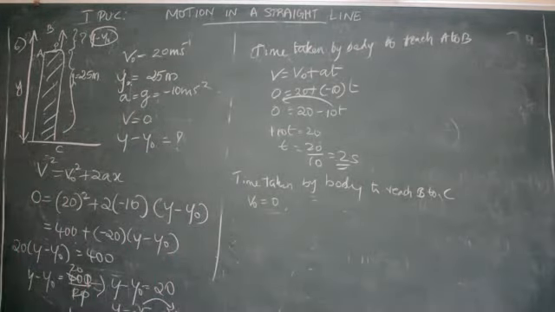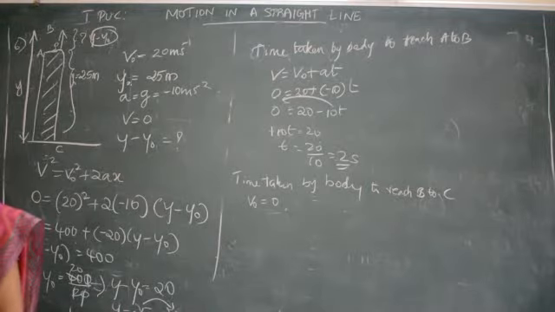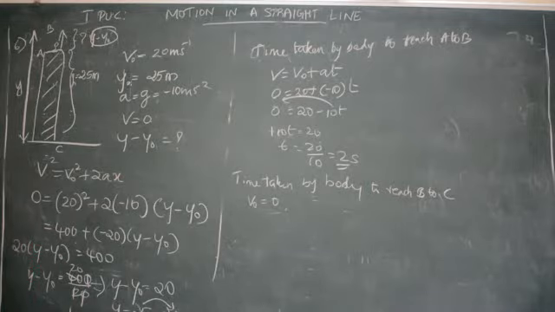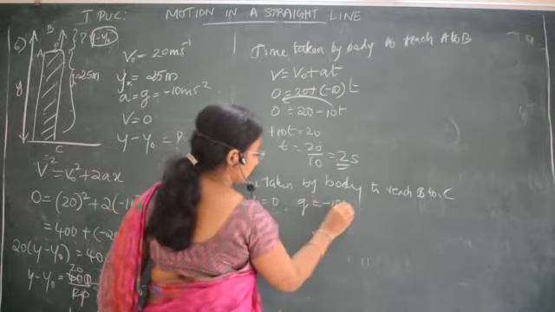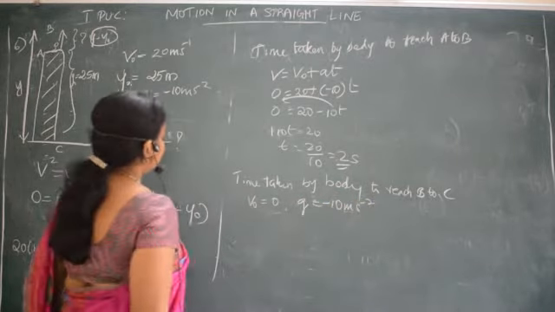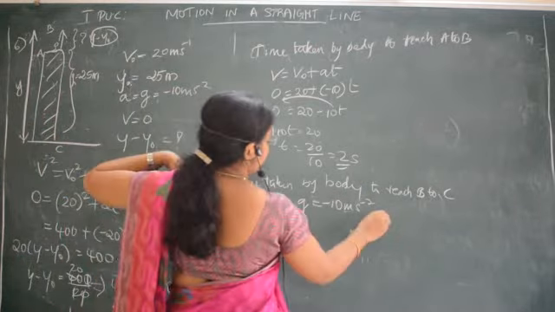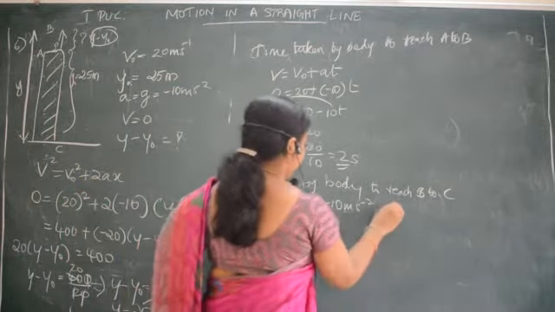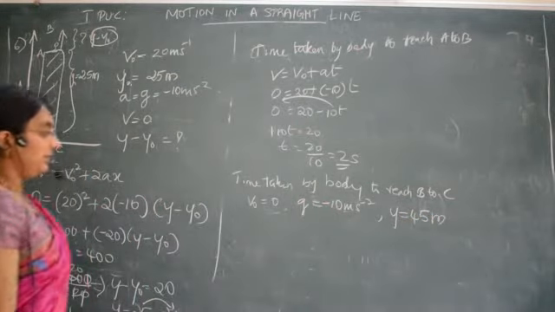We don't know the final velocity, but there will be some final velocity. The acceleration is due to gravity. The distance we know: the total distance from B to C is y, which is 45. You have to calculate t.